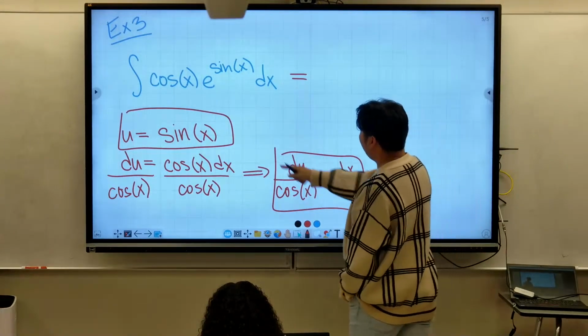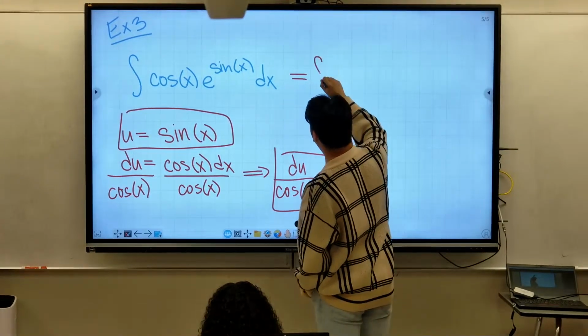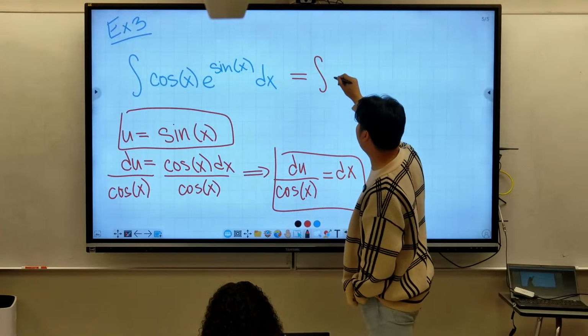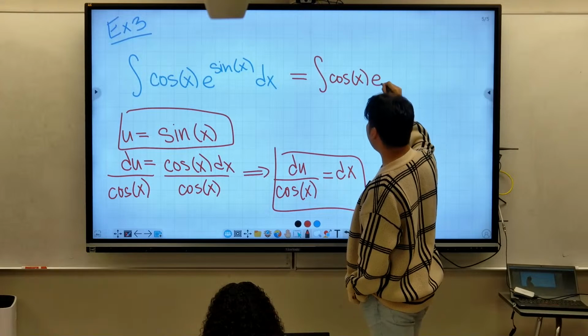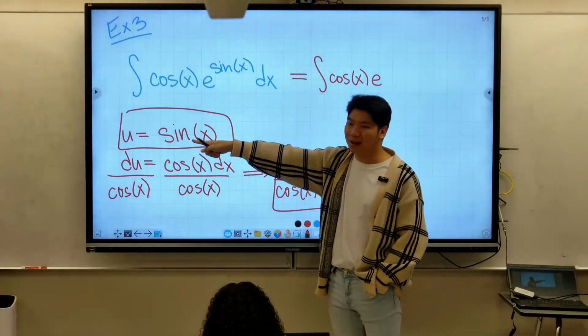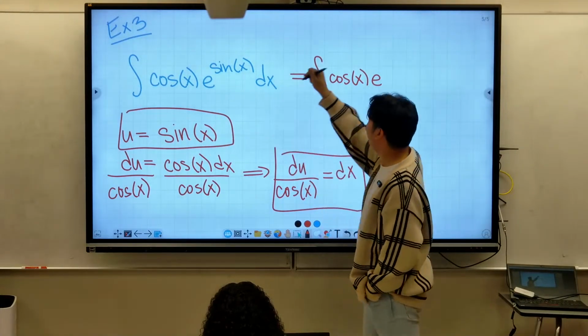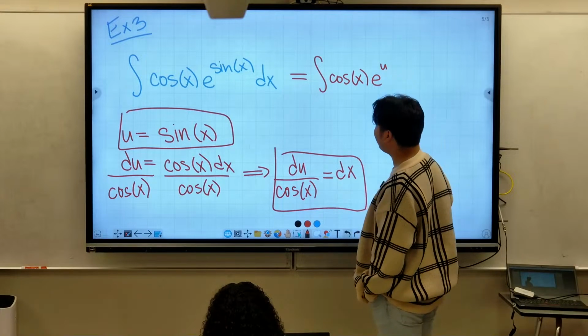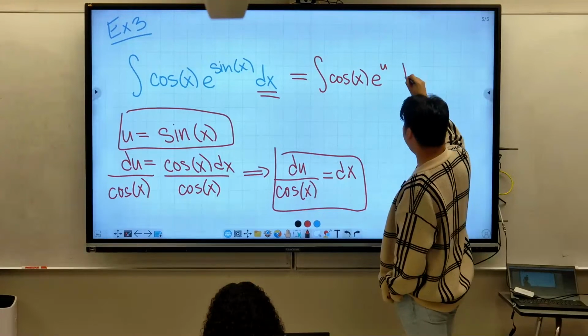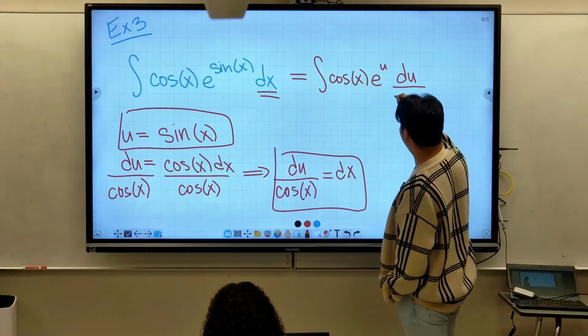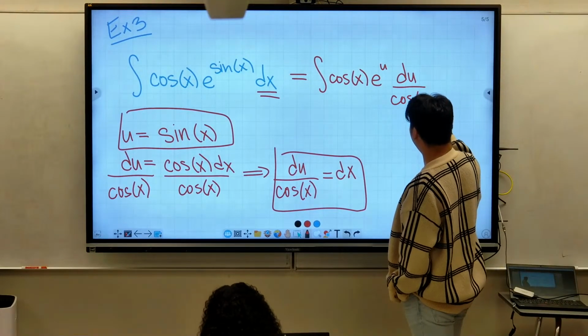So looking at this original, I have the integral of cosine of x times e to the, I replace sine of x with u, so e to the u power. And instead of dx, I have du over cosine of x.